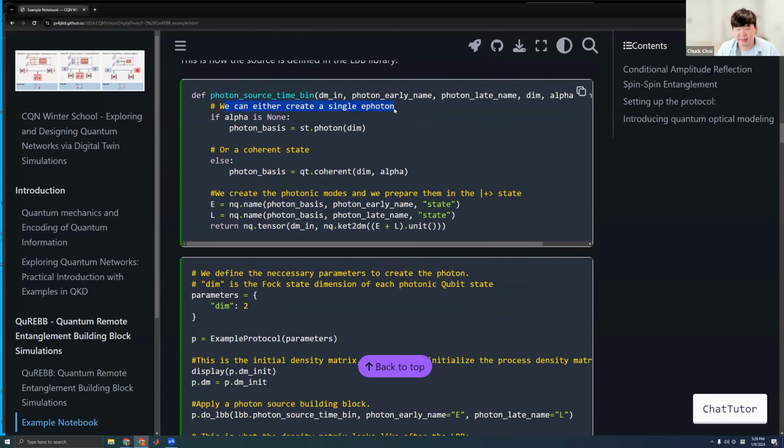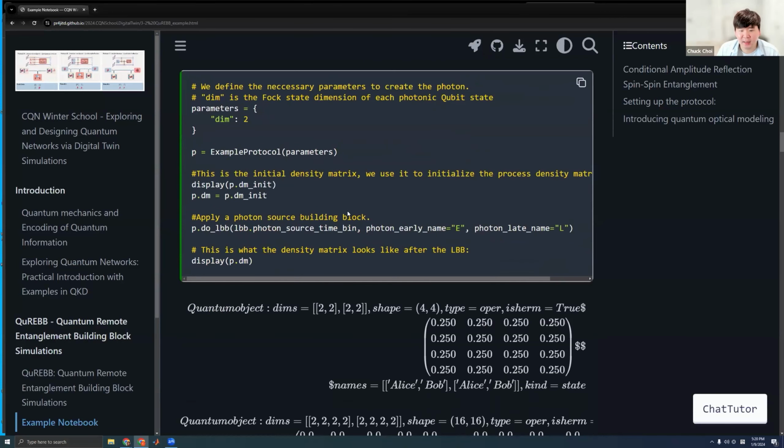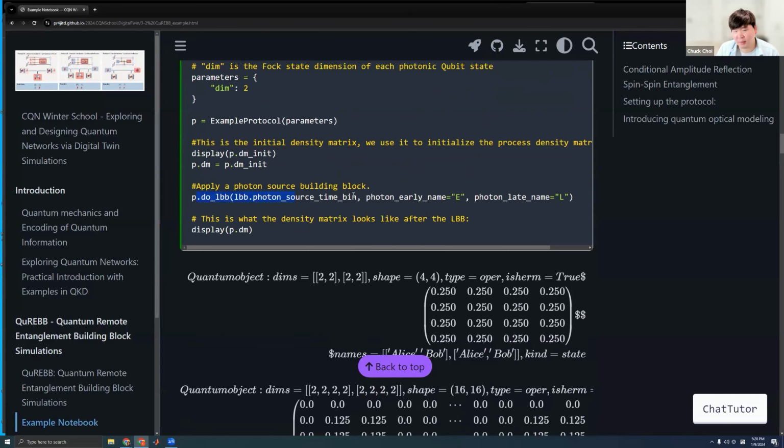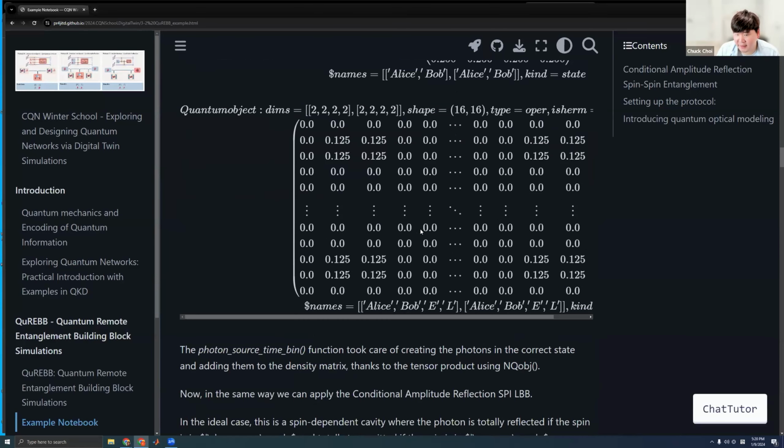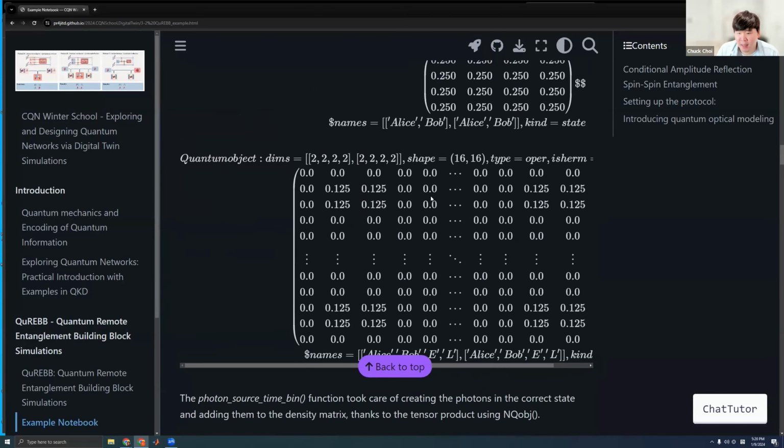Again, we made extensive comments for showing how to operate this code. And then by building the LBB, you can display what your states are after passing through this LBB.